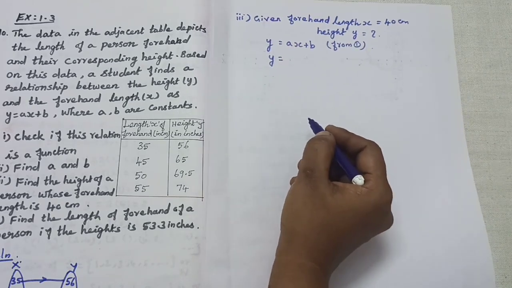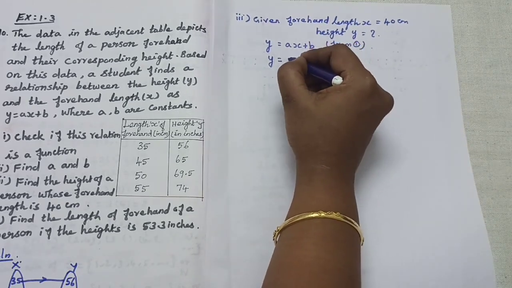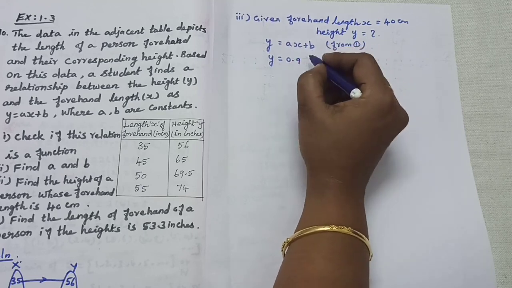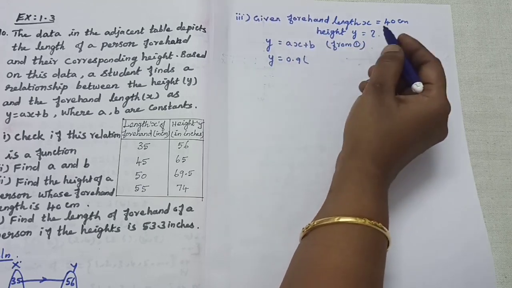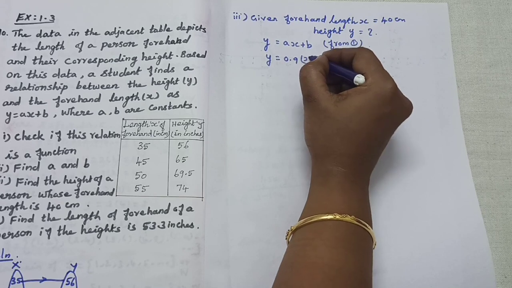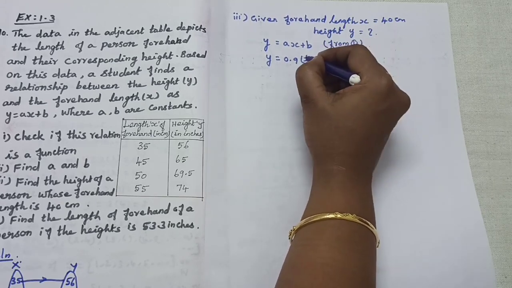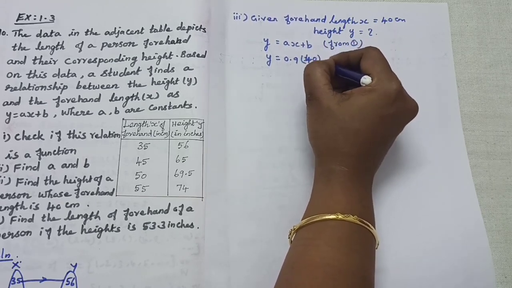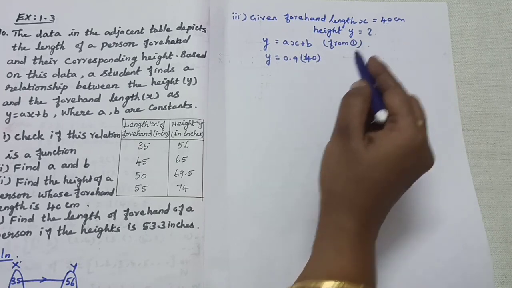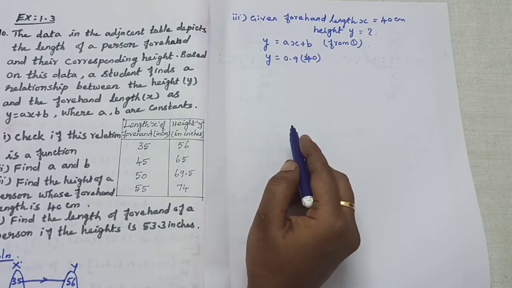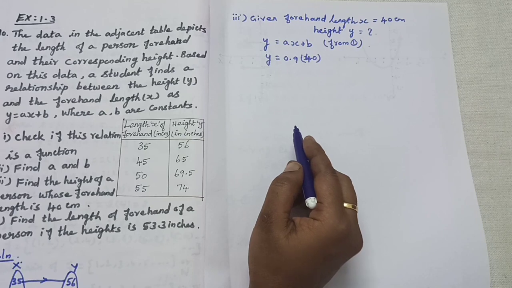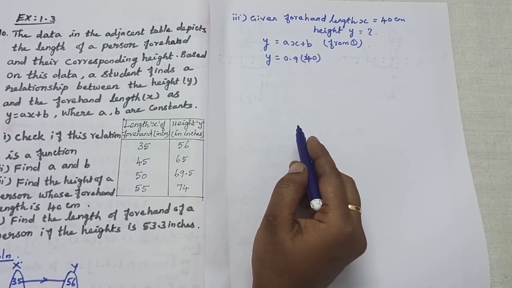Just now we found it, isn't it? a is equal to 0.9, into x. Here x is 40 centimeter, which is given.